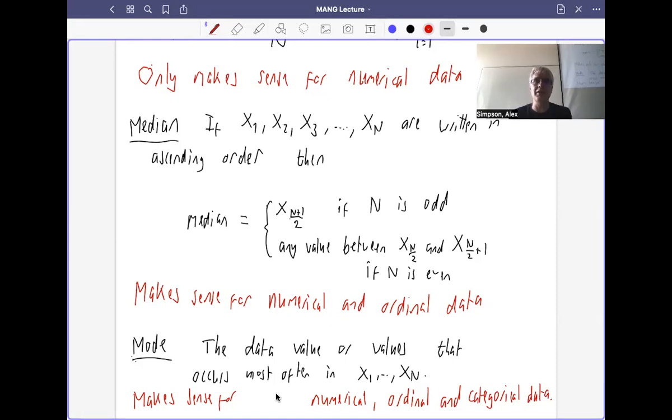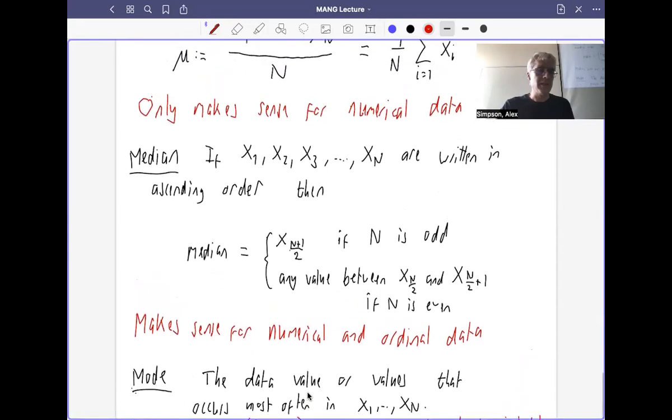You're never going to get exactly the same real number twice. If you look at the height of two people, for example, then however close they are in height, they won't be exactly the same height if one measures their height closely enough. So really, the mode does make sense for numerical data, but it makes more sense for discrete numerical data than for continuous numerical data.